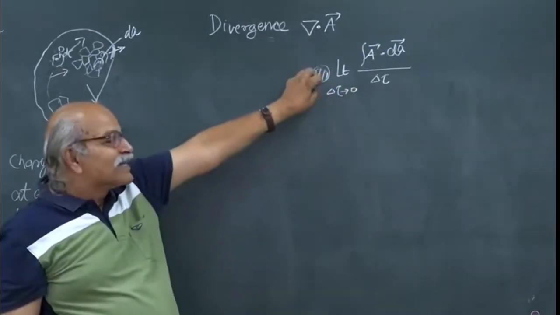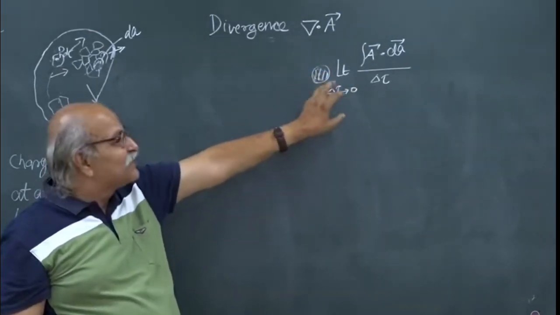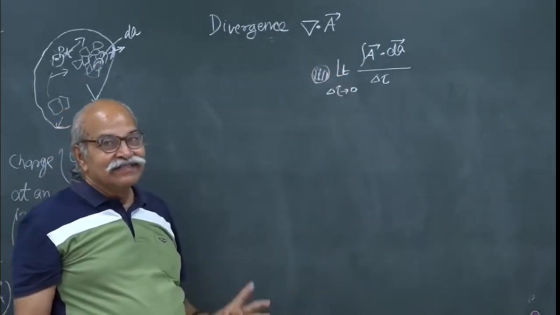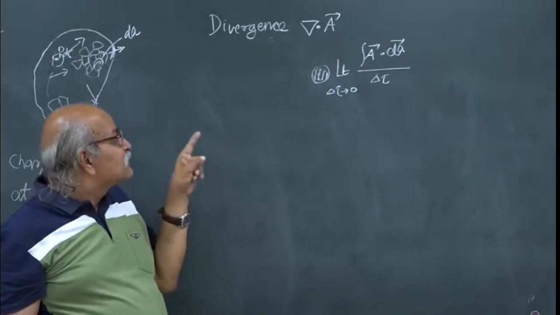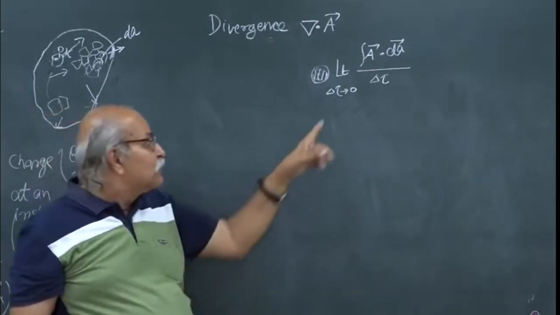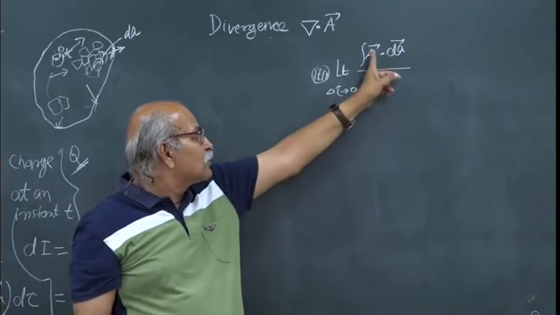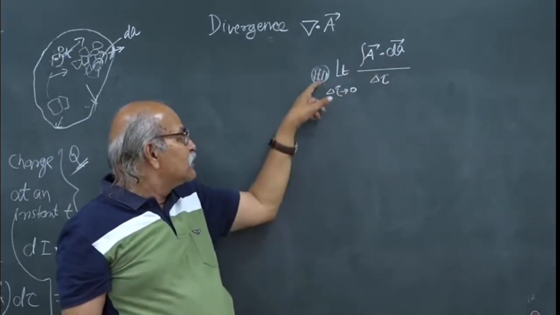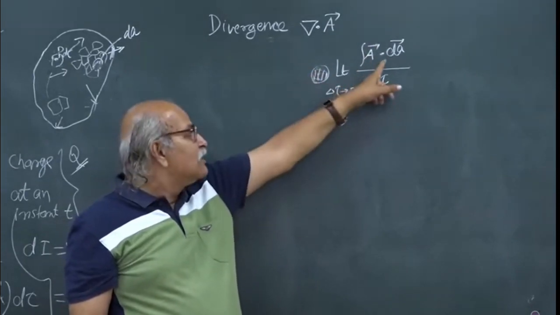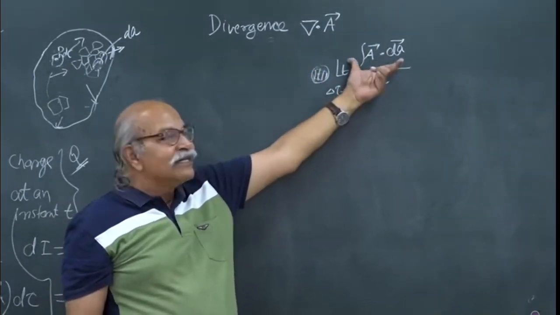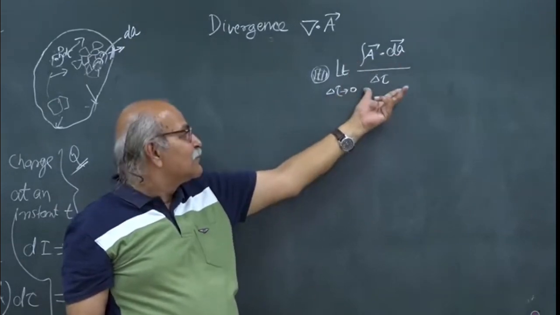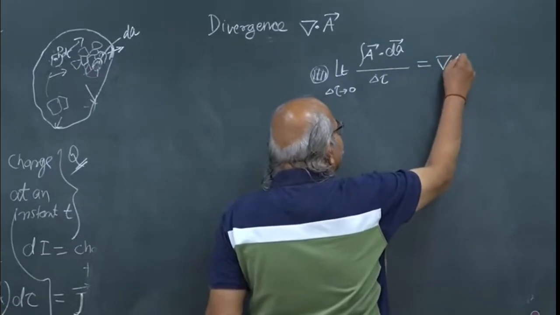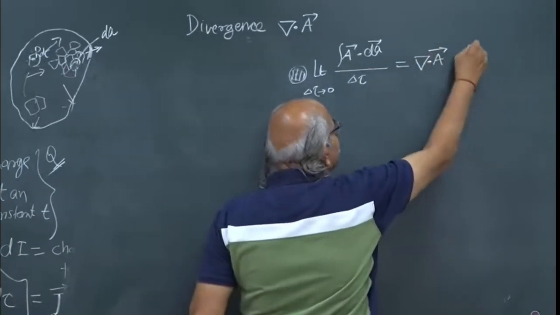This quantity is a scalar, because A dot dA is a scalar dot product, and adding numbers you only get a number. This whole thing is a scalar quantity, and that is known as the divergence of A at that point.